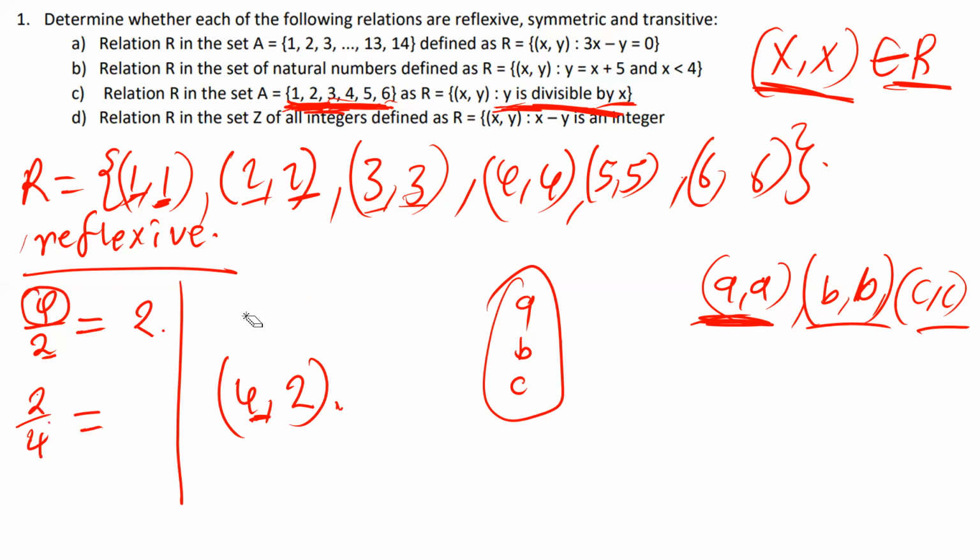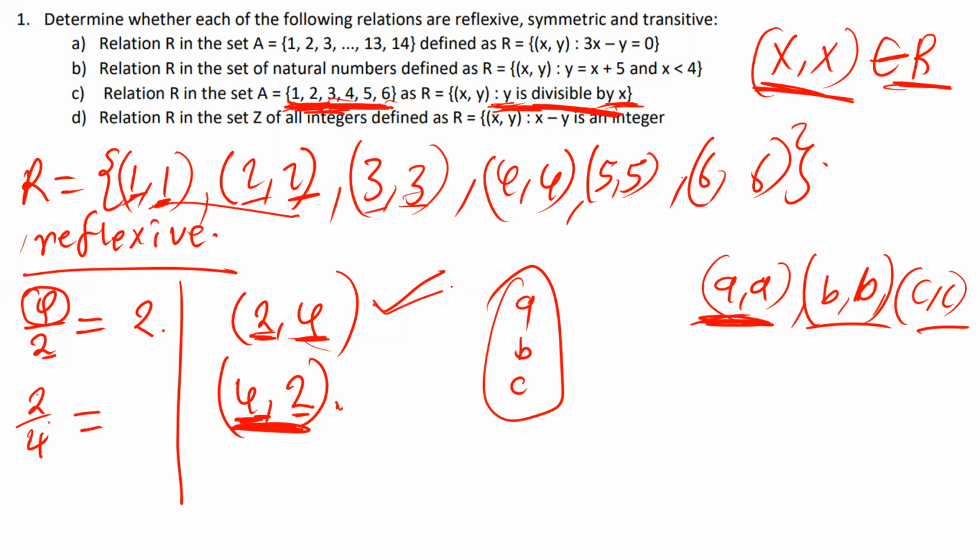Remember they said y should be divisible by x. So 4 in this case is divisible by 2, meaning we have this in the solution set, but we don't have this because 2 is not divisible by 4.